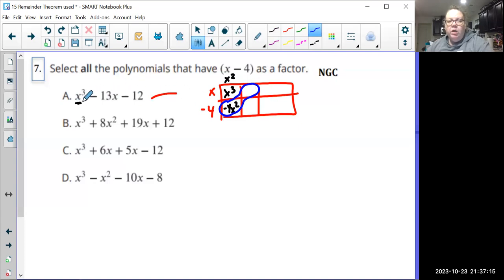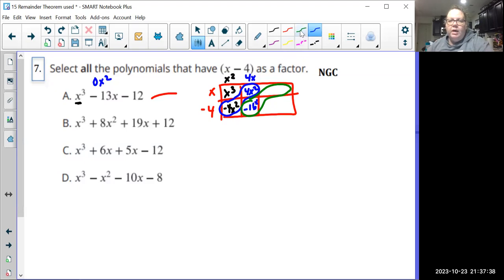But if you look, there is no x squared. So that means they must have had a 0x squared. So these two need to add to 0x squared. So this is a positive 4x squared. So that means I must have multiplied by 4x. 4x times negative 4 is negative 16x.